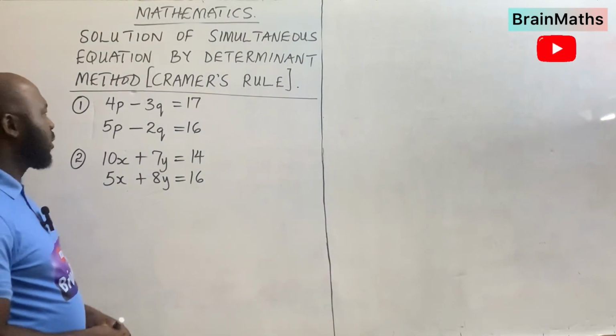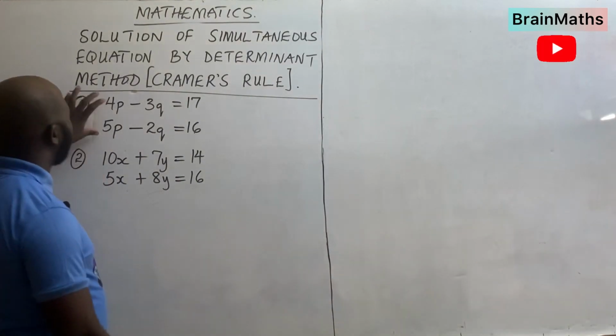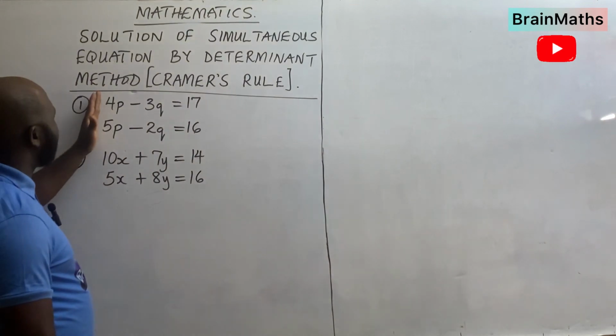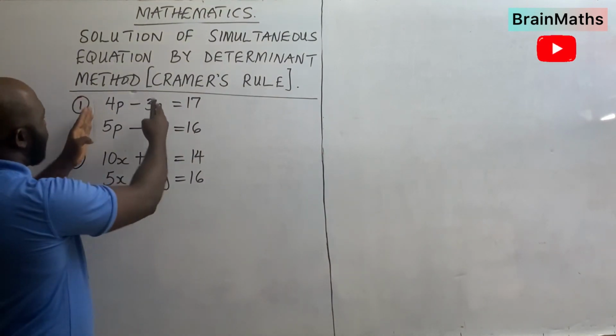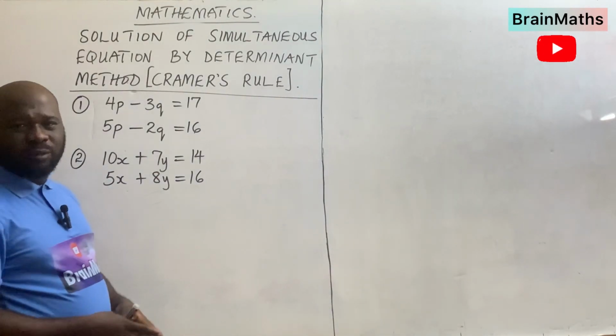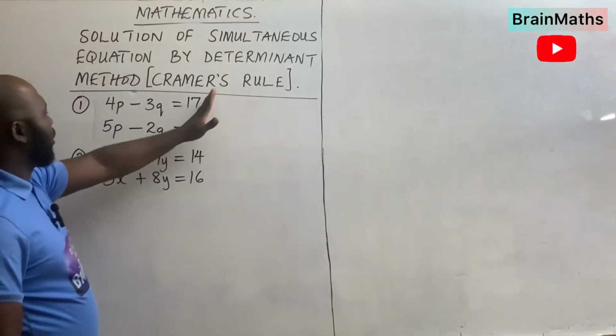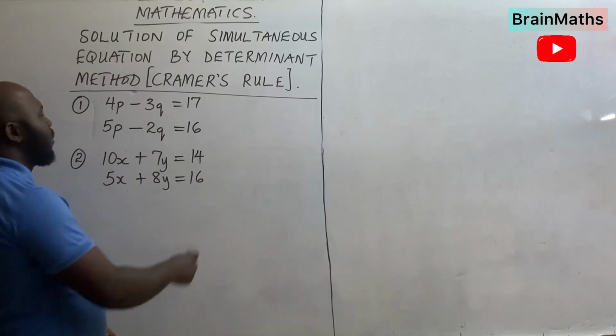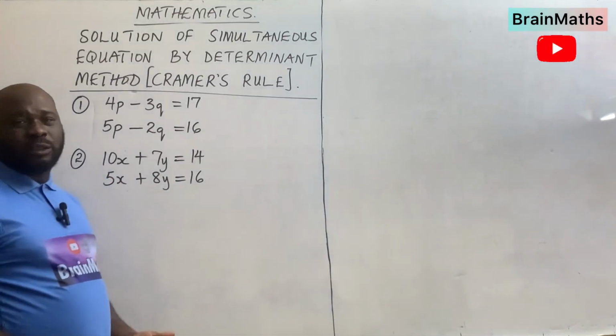So this is to tell us that if we look critically at this question, the one on the left hand side is looking exactly like a 2 by 2 matrix. And if you look at the other side of the equation, we have a 1 by 2 matrix.